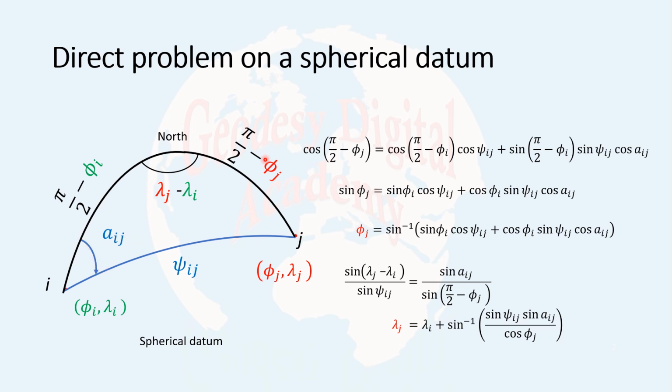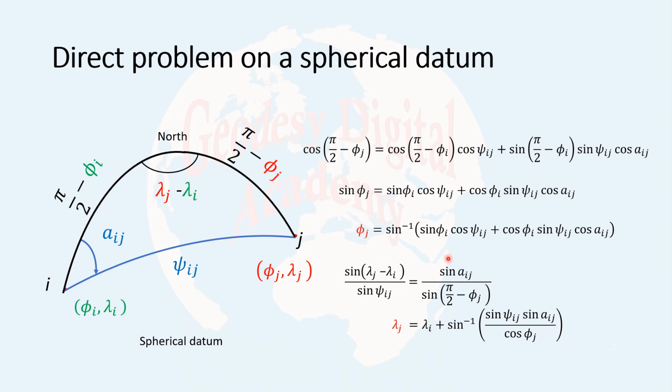Azimuth is known, and now I have already computed the phi, or the latitude of the point J. So I can simply write using the sine rule like that: sine of this angle over the sine of the arc in front of it, which is this one, equals sine of this angle, which is the azimuth, over the sine of this arc, which is in front of the azimuth.